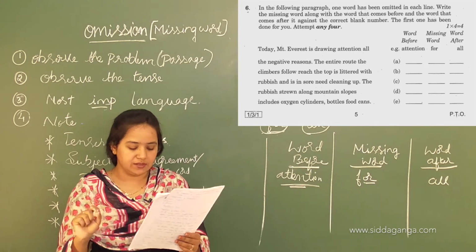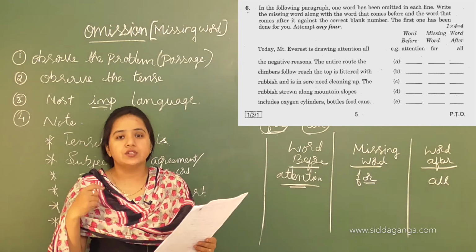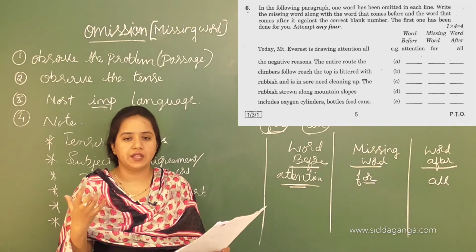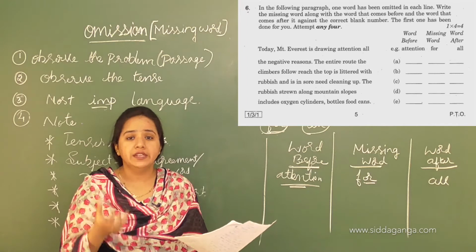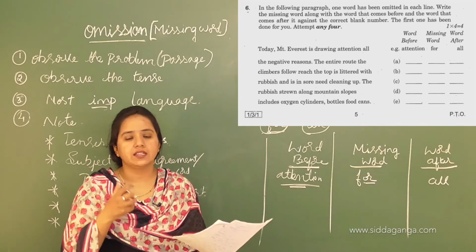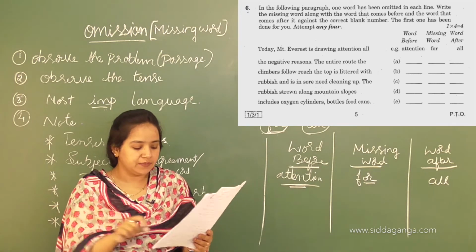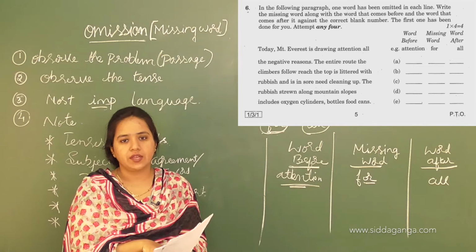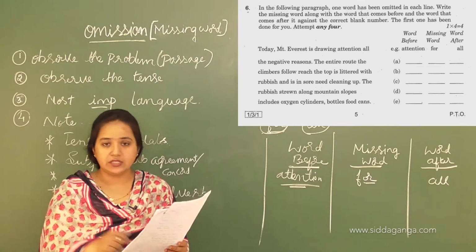The negative reasons, the entire route. Mount Everest is drawing attention for all the public because of the negative reasons. Okay, there are some negative reasons arising on Mount Everest. For the next sentence here there are no corrections, okay, the right words have been used. And let's talk about the next one.